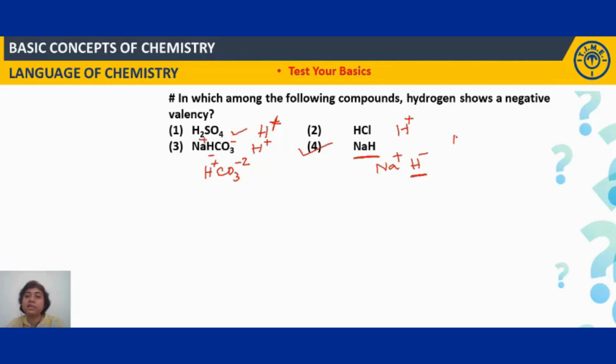But there is an exception, ammonia. Here nitrogen is -3 and every hydrogen has +1 valency. Since there are 3 hydrogens, +1 into 3 is +3 and -3, so the compound as a whole is neutral. So remember that and make a note of it. Fine. Noted down? Okay. So now we will see the option and then move on to the next question. What is the option? Option is 4.